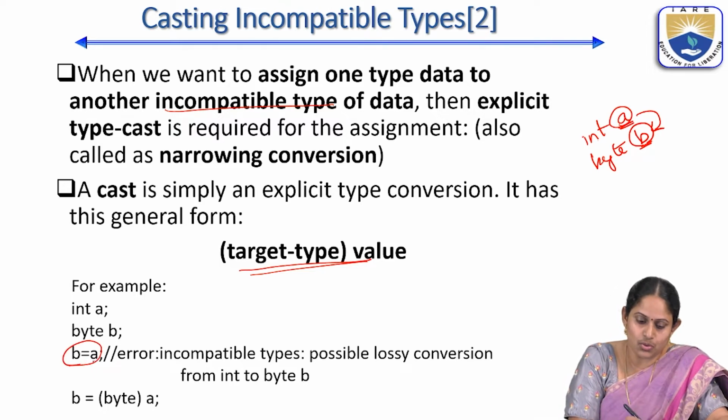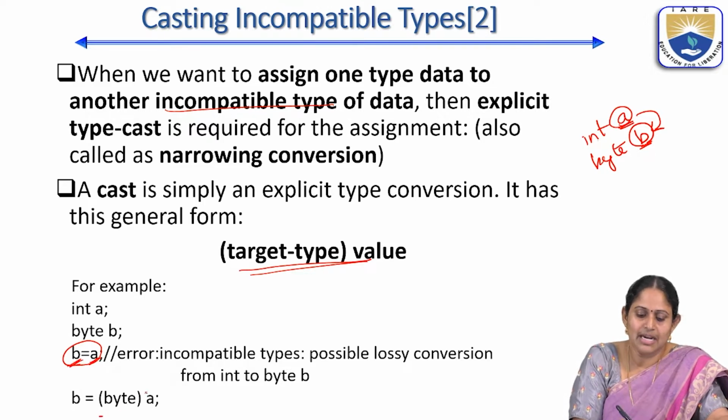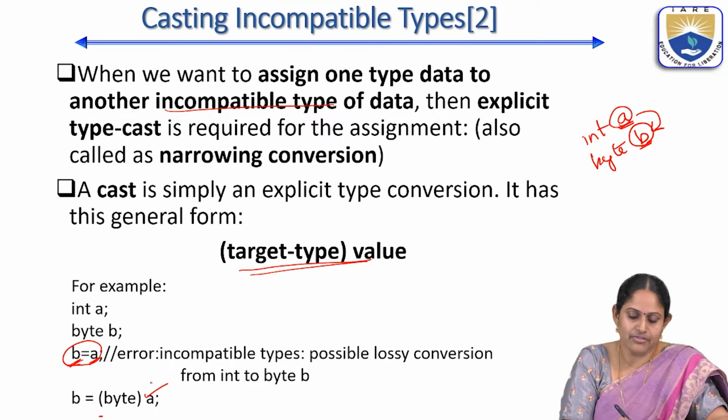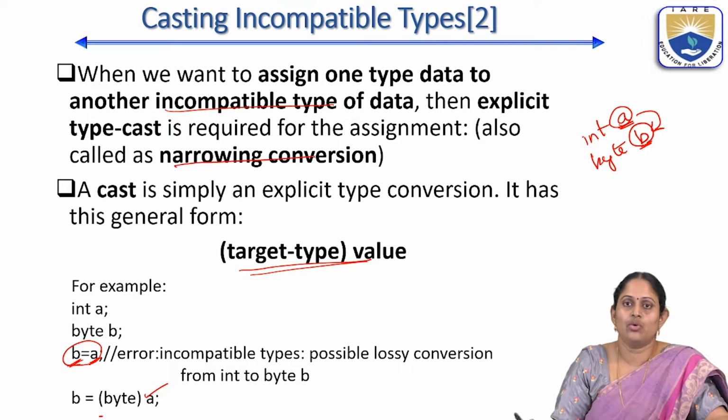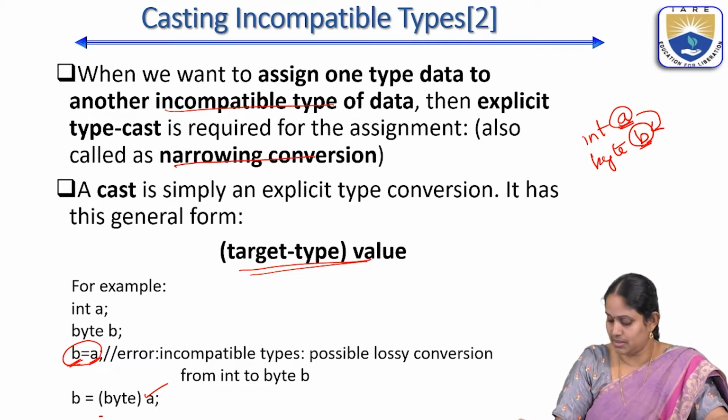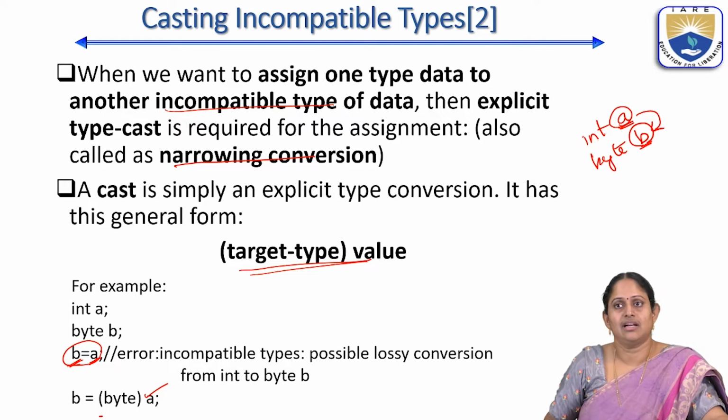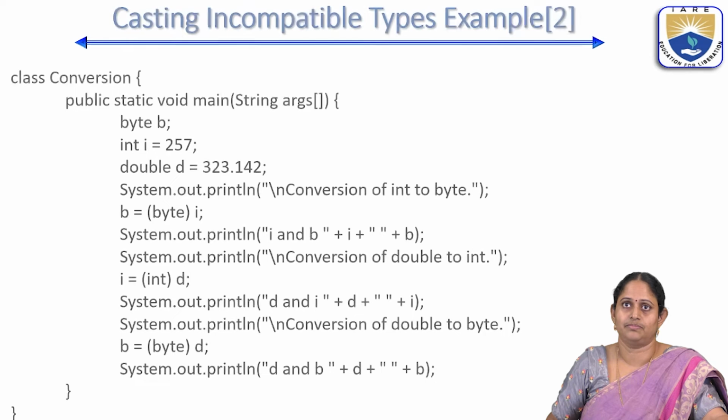To store a larger data type into a smaller one, we have to perform typecasting. This is called narrowing conversion, and it causes lossy conversion. It leads to some data loss also.